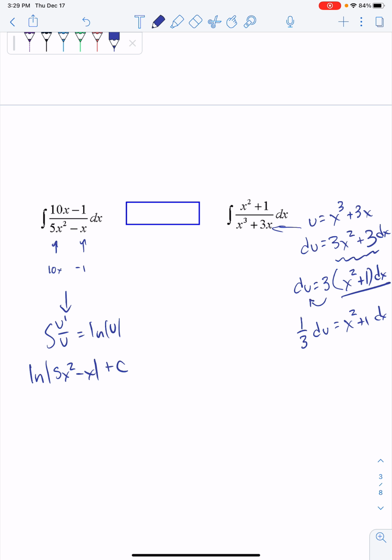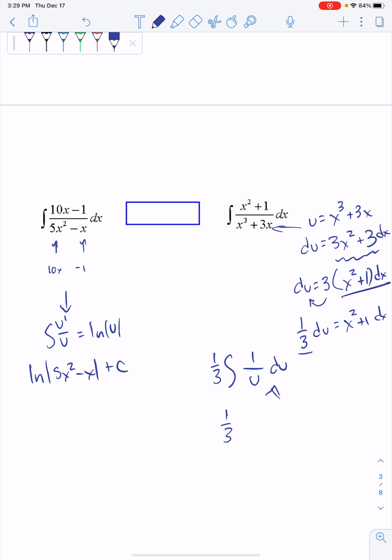So my 1/3 goes out in the front, and integral. On top, I'm not left with anything because it all got wrapped up in my du. So I just have 1 over u du left, which looks like my natural log.